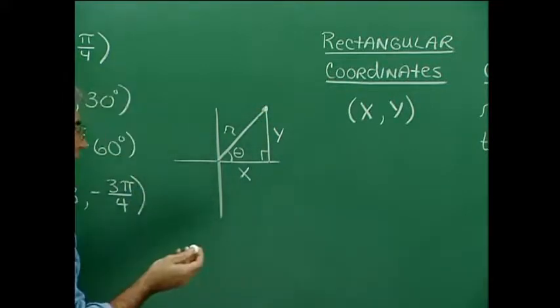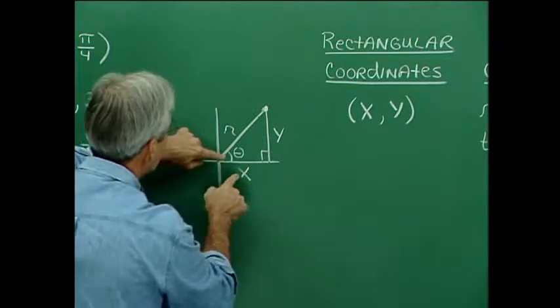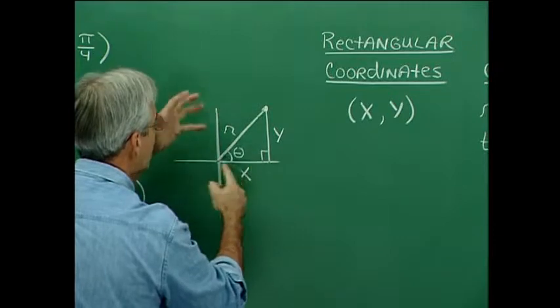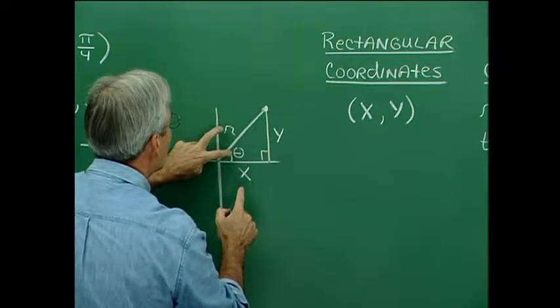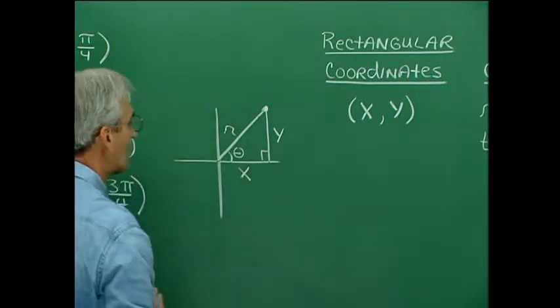And if we think about our trig ratios just for a moment, we understand a relationship between x, theta, and r. That's all we want to do: involve x with theta and r, and y with theta and r, and we have a way of making the calculations.